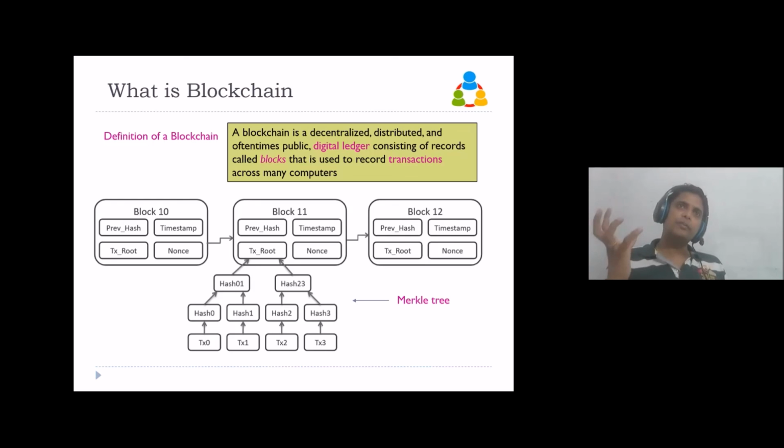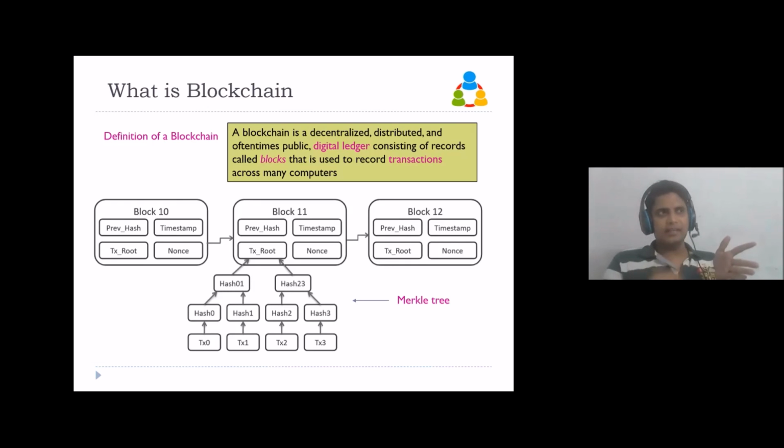Whenever a new block is getting added, everybody will have to agree, yes, this is right data coming in. This is a right transaction which says Ram has transferred 100 rupees to Sita. That transaction will be validated by all the computers, and then they will all agree saying that yes, this particular entry can be added on to block number 200,001.